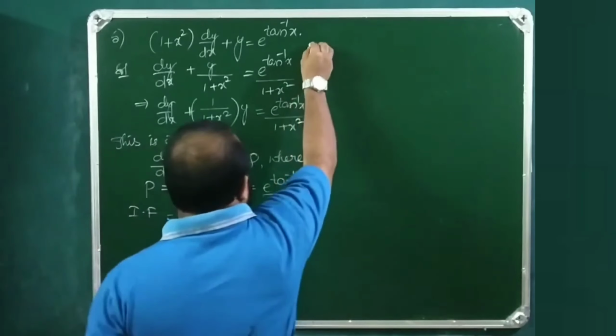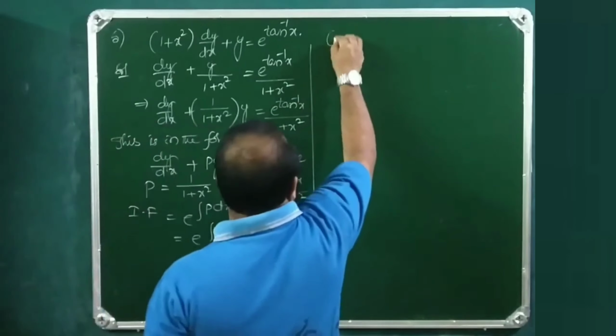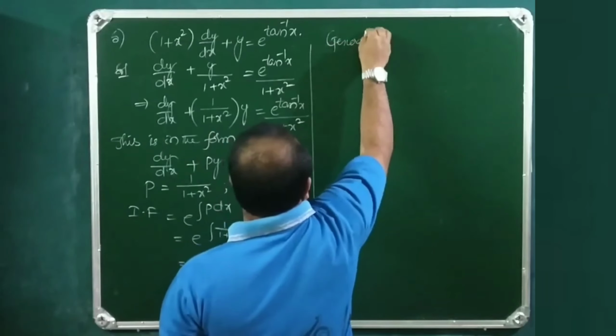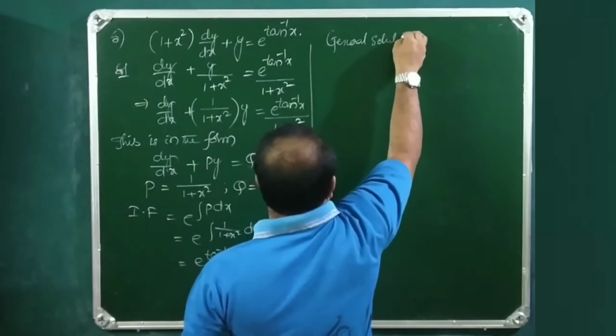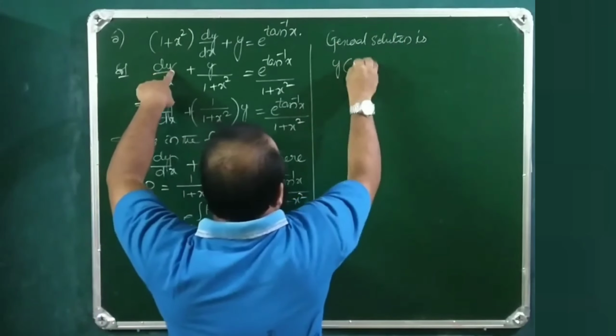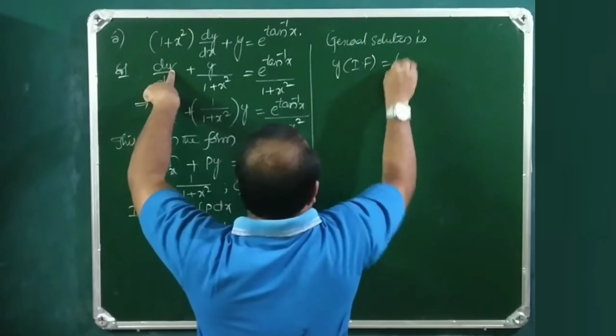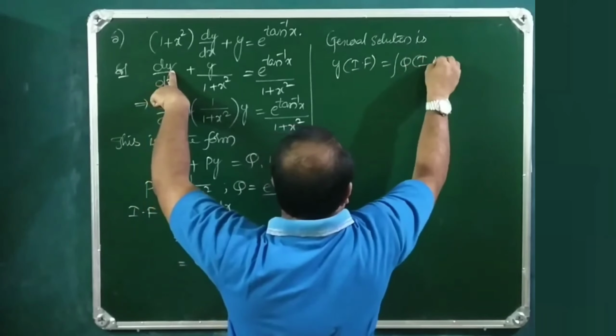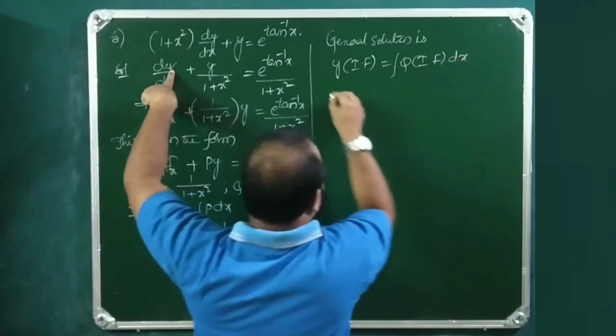So the general solution is y times the integrating factor equals the integral of Q times the integrating factor dx.